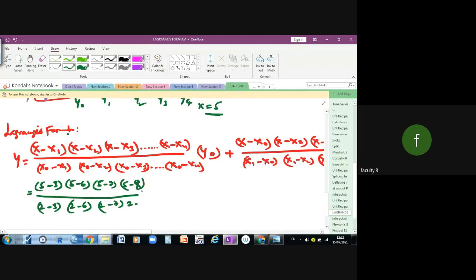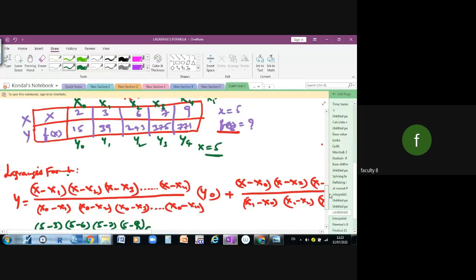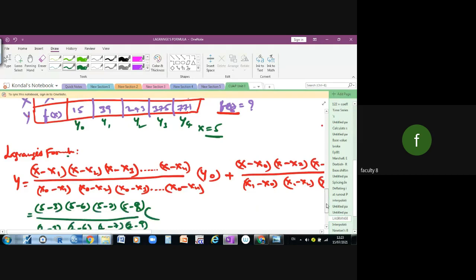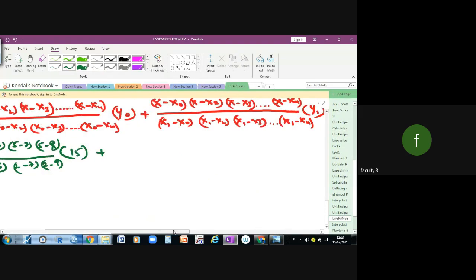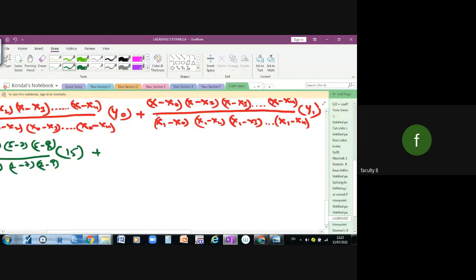Then 2 minus x4, 9. Into y0. y0 is how much? 15. Right? So like that we should take all the values. So as you know x value here, 5 minus x0.